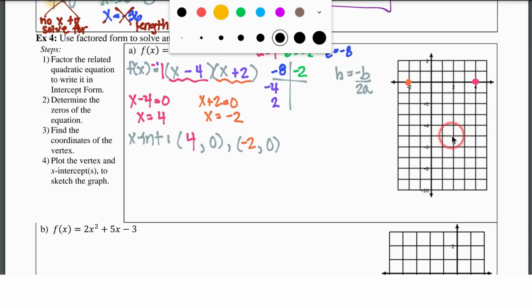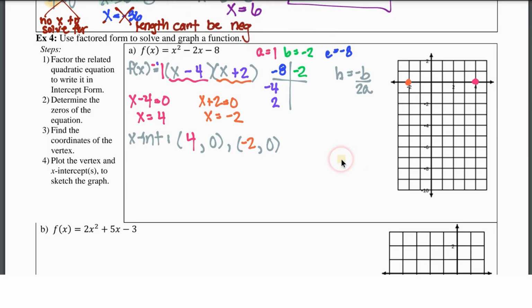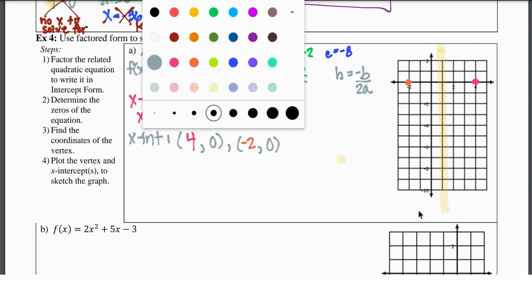So if my graph is crossing at -2 and +4, when I plot those points on that visual of my graph on paper, then I can see that my axis of symmetry would have to be right down the middle. So I can use -b over 2a to find h.